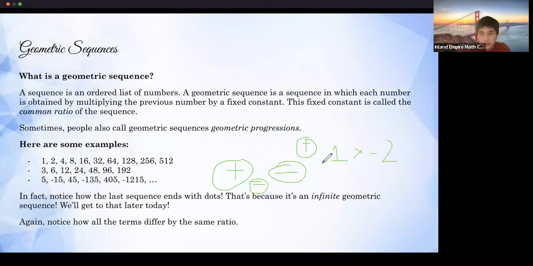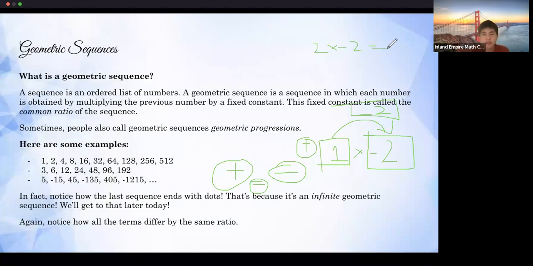And you can see that 1 is a positive number, and negative 2 is a negative number. When you multiply a positive number by a negative number, you get a negative number, which in this case is negative 2. And this holds for every other combination.